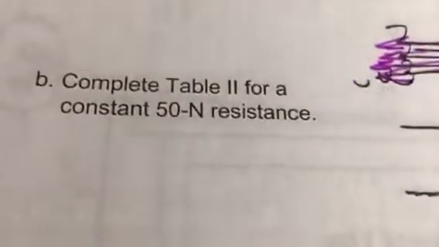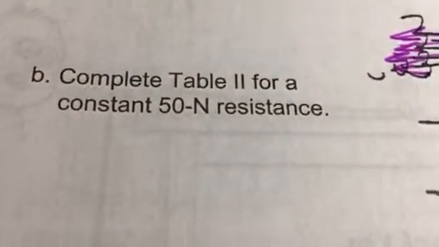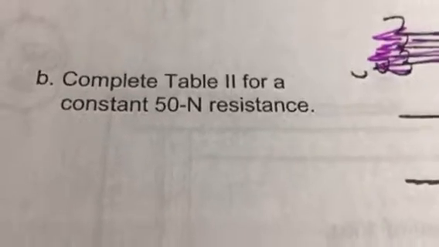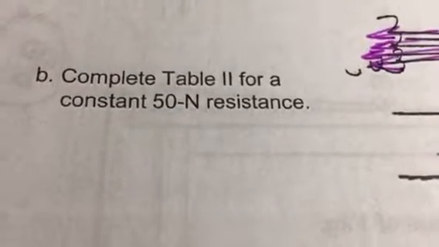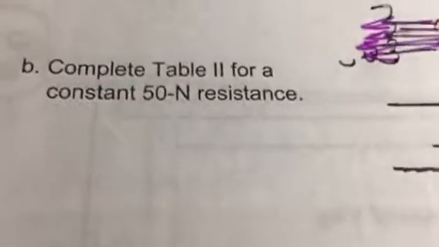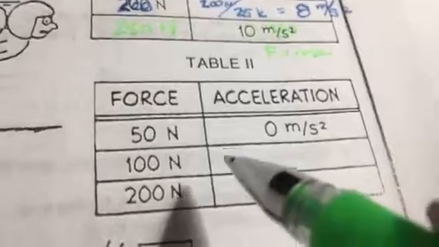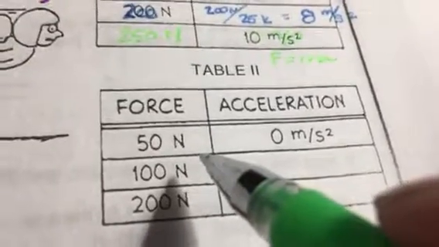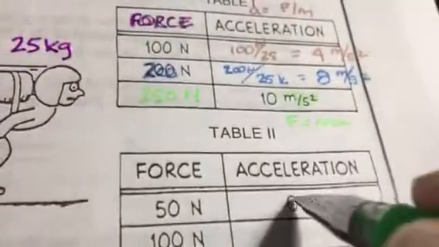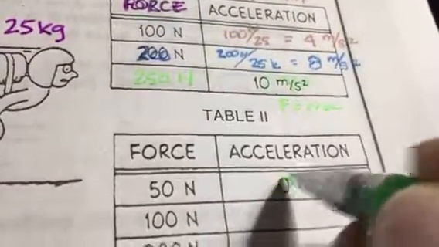All right. Let's do it again, except this time the weight of our skater is 50 newtons. So if the force is 50 newtons and she weighs 50 newtons, the acceleration is 0.